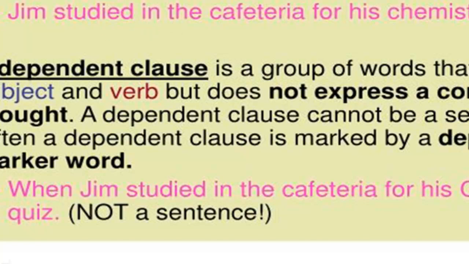But whenever we look at this part, which is a dependent clause, this is something else. It's a group of words, yes indeed, that contains a subject and a verb. But this dependent clause will not express a complete thought. Why? As I said at the beginning, don't forget the subordinate clause.